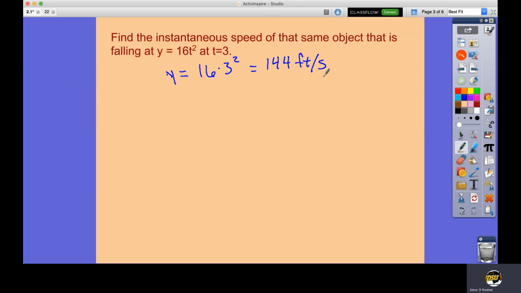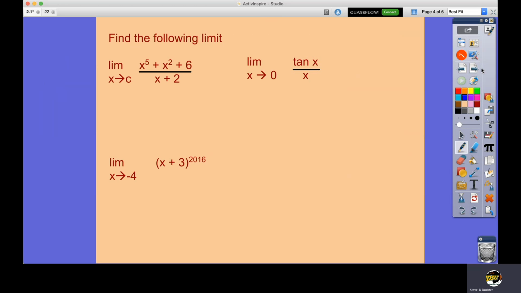So average speed, you have to more or less use the slope equation to get your average speed over a certain amount of time. Instantaneous speed, you plug it in to figure out how fast you're going. All right. Any questions between the two? All right. The rest of this is a lot of review, to be honest.